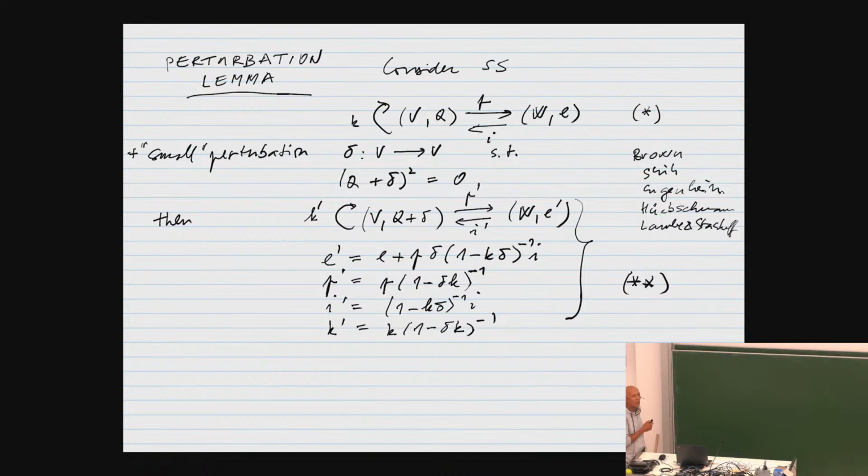The condition that Q plus delta squared equals 0 is really exact. Actually, there is a version of that with curvature, but today I will not talk about this. There is another version which allows for curvature as well.